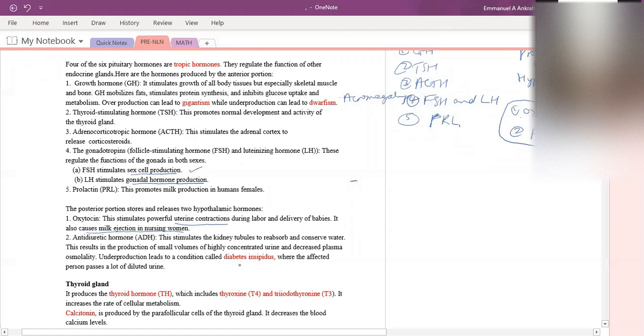Diabetes mellitus is when the person cannot regulate high levels of sugar in the blood. That's different from this. So those are the hormones produced by the pituitary that I want you to think about when you are studying.